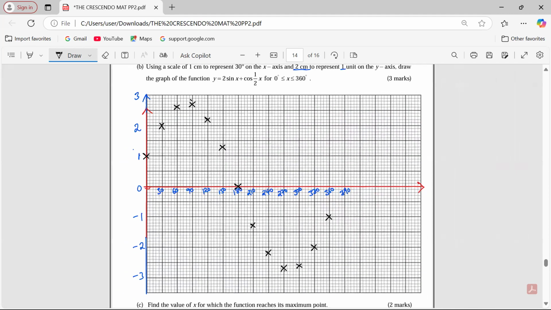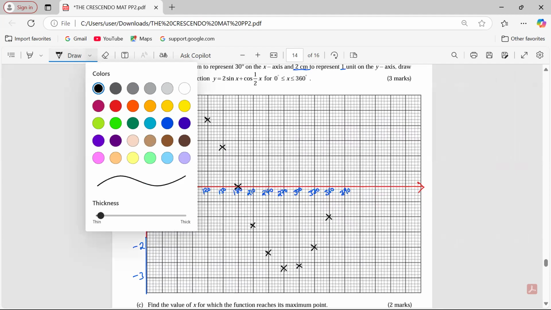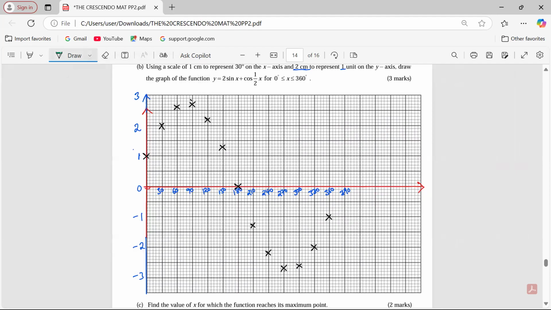So we can now plot this curve. Allow me to use a different ink. There is a green, yeah. So I want to come up with this curve now. Remember, the curve is supposed to be very smooth.